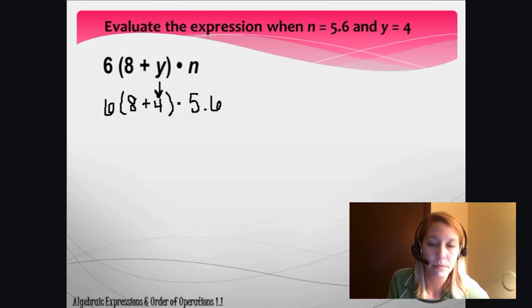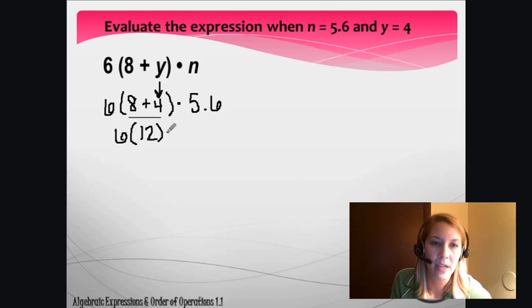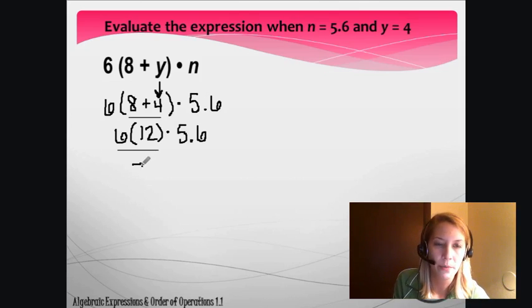5.6. Following the order of operations, we're going to work inside our parentheses first. So 8 plus 4 is 12, and I'm going to drop down the rest of my expression, multiplied by 6 times 5.6. Working from left to right, we multiply 6 times 12 first, which is 72.